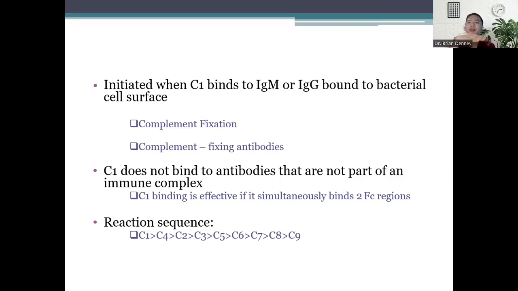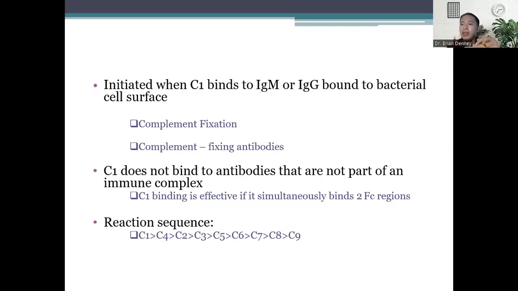Now, supposing this is the microbial surface. Remember, your complement classical pathway does not become activated if you do not have formation of antigen-antibody complexes. So again, antigen, and then you need an antibody to be attached to the surface of the antigen. Attachment of the antibody to the antigen is what we call complement fixation.